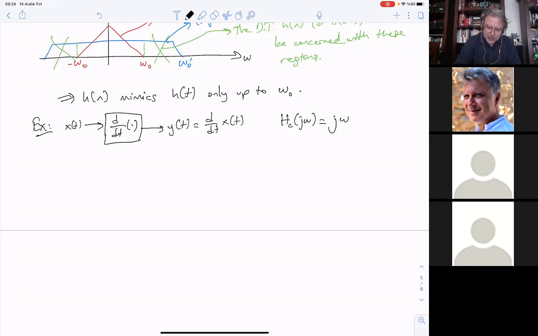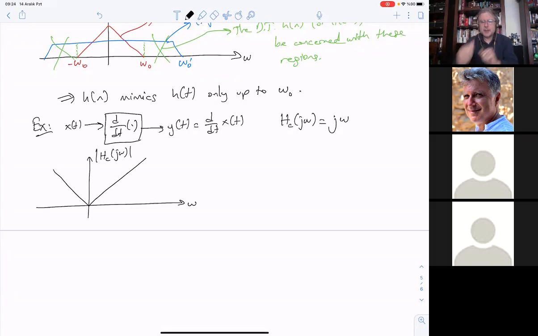Now, when we look at the H(j omega) in magnitude like this, we will see that it's essentially these 2 straight lines, at plus and minus 45 degrees, or 45 degrees and 135 degrees lines, because it's the magnitude of omega.